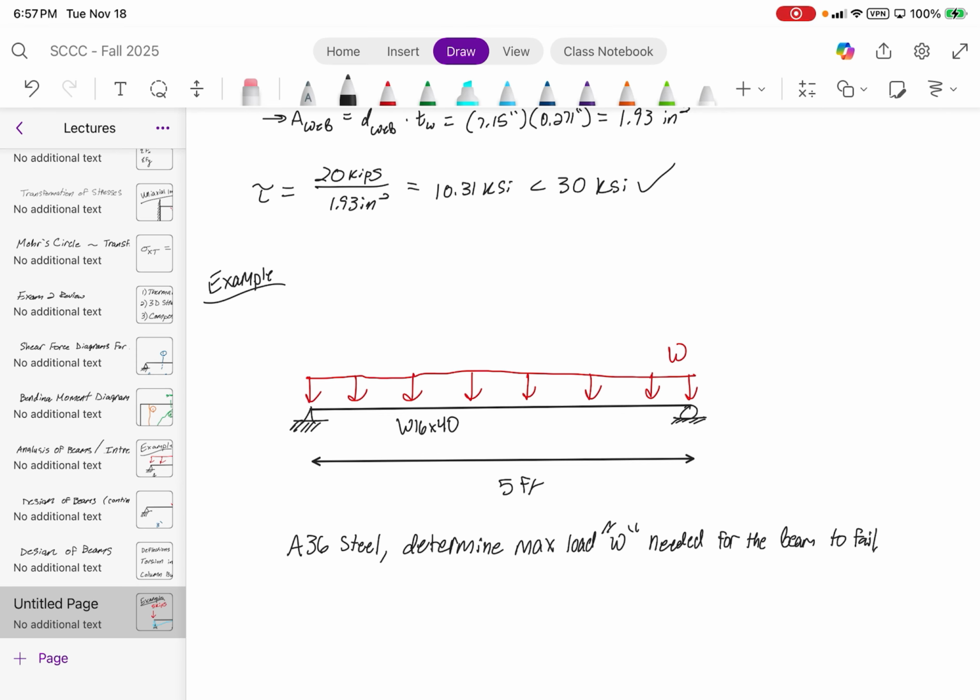So now you're reverse engineering. What is the required load for this beam to fail? I'll give you guys 10 minutes. And of course, check bending and shear.